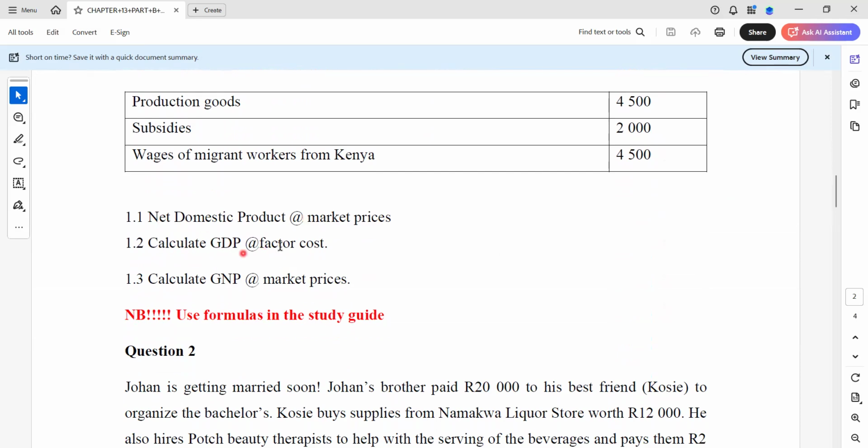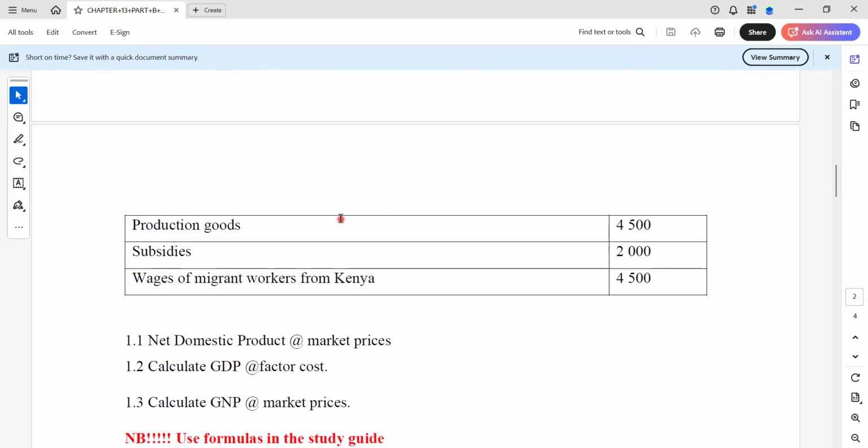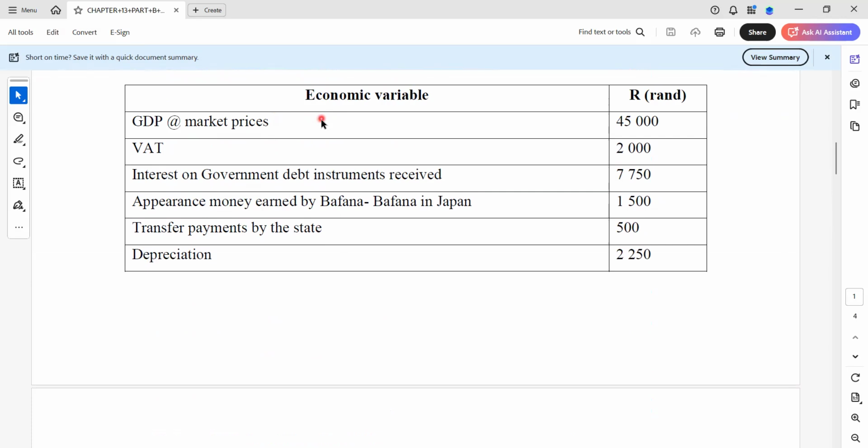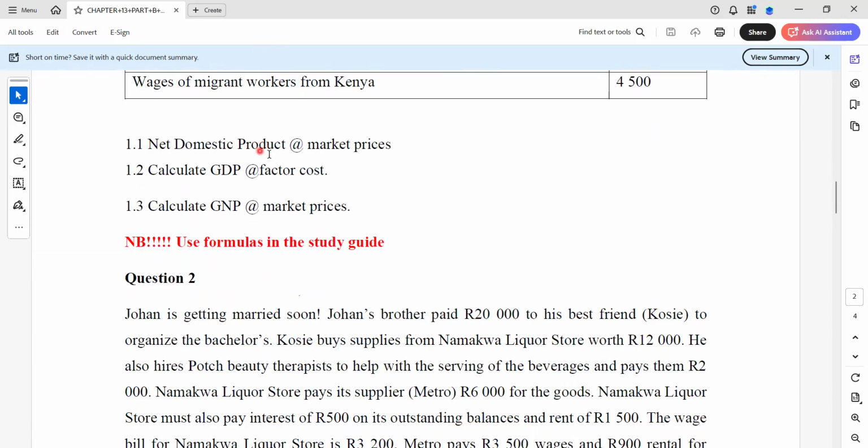Then we also calculated GDP at factor cost. I said, remember, GDP at factor cost is when the goods are still within the factory, within the production process. Because we are given the GDP at market prices here, to go down to GDP at factor cost, we reverse the steps. From GDP at factor cost, we add taxes on production, we subtract subsidies on production, we get GDP at basic price.